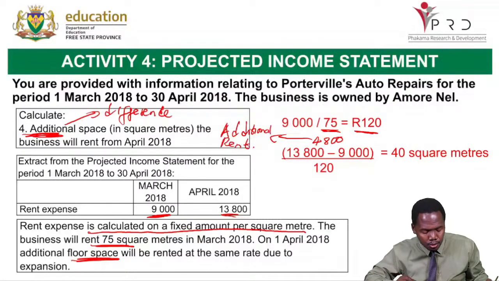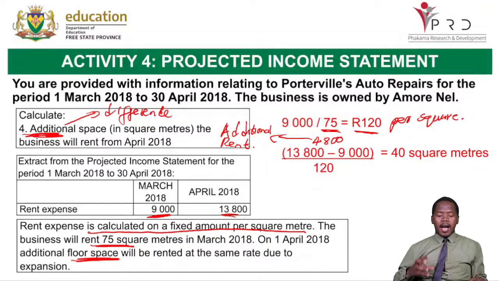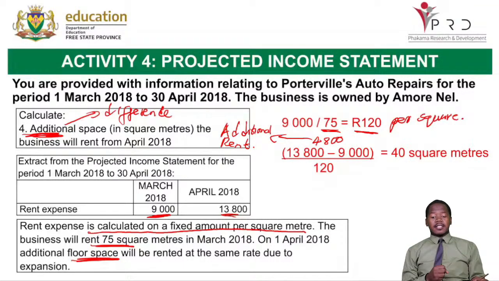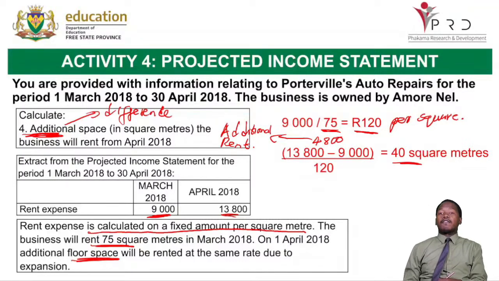I'm paying 120, meaning it's 120 per square meter. Now, I'm going to check how many square meters I am going to occupy or need. Now we say 4,800 divided by 120, and it becomes 40 square meters. There are so many ways of doing this.